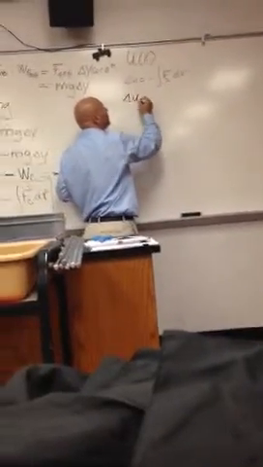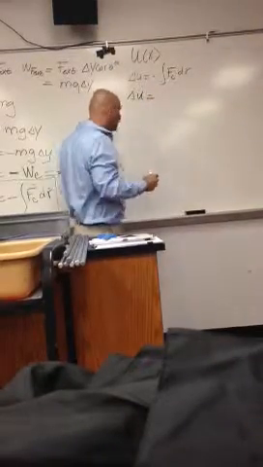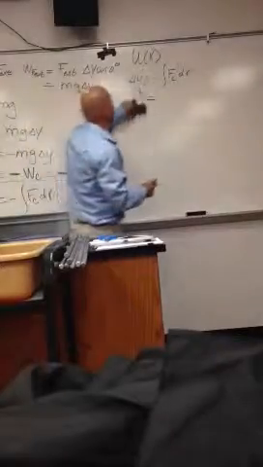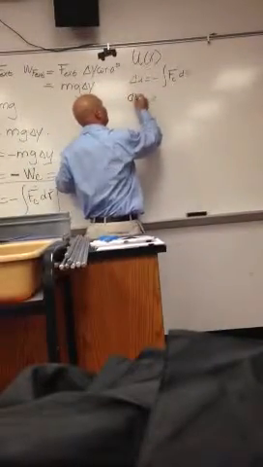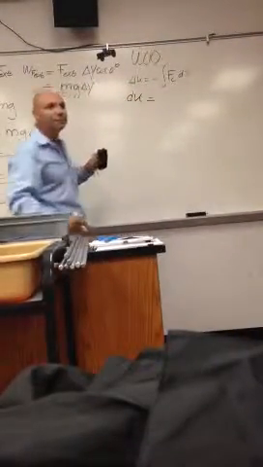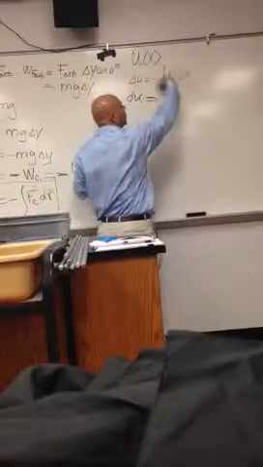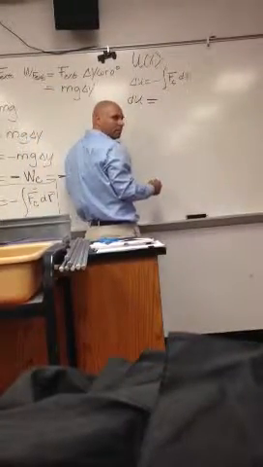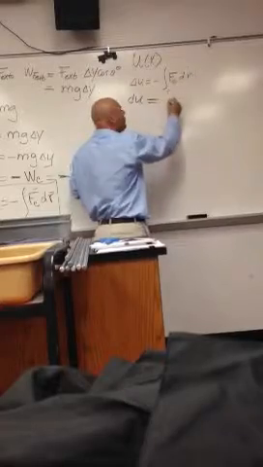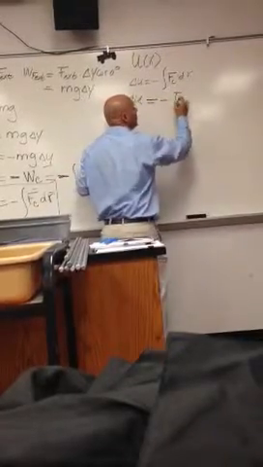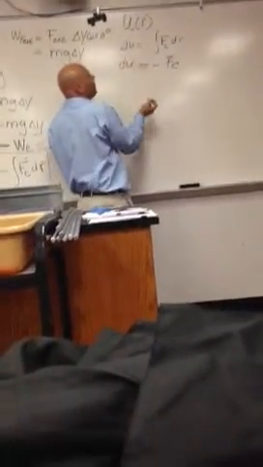If I find the derivative on both sides, the derivative of delta U will be dU. On the other side, what do I get? What is the derivative of this? It will be just F. So it will be negative Fc over what? With respect to what am I deriving?